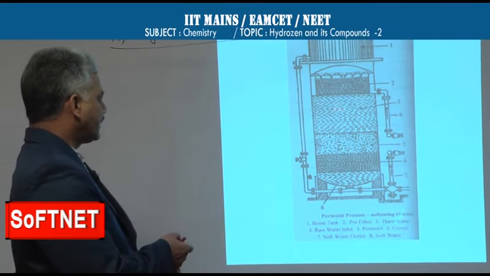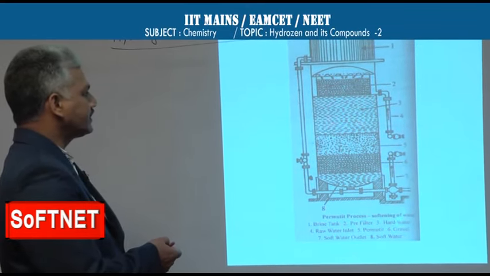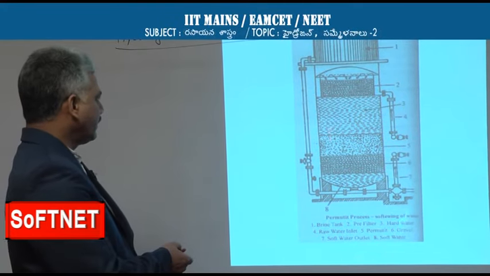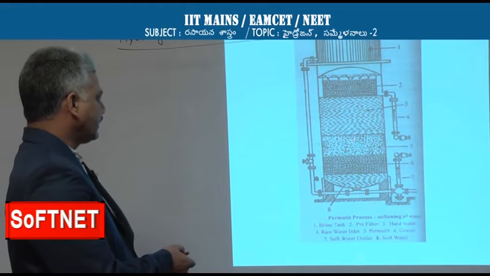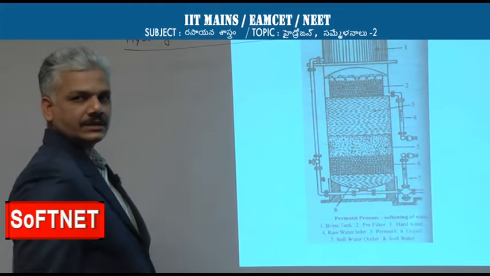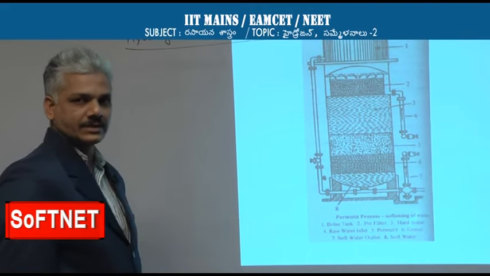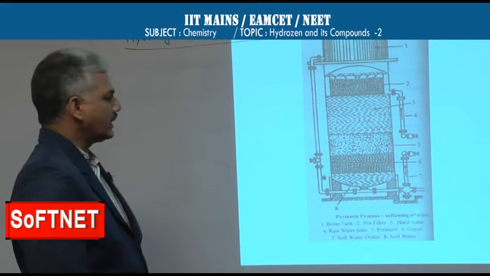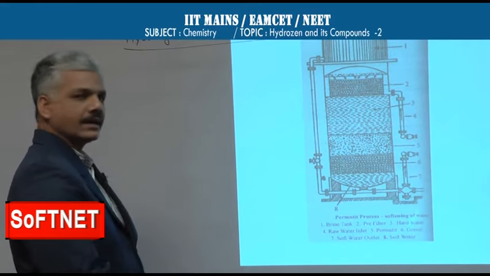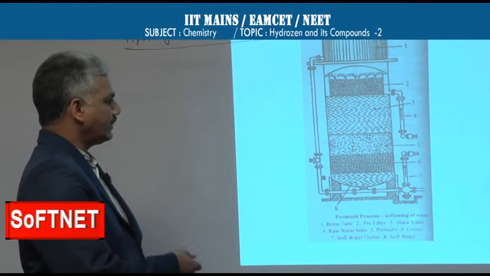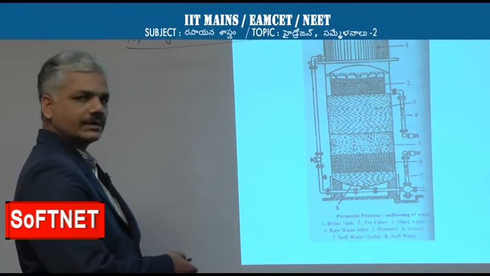The third part represents the storage space for hard water. Below the hard water, you can see permutit. Permutit is a porous solid substance through which water can trickle down, and in that process the calcium and magnesium ions are filtered off and replaced with sodium ions.